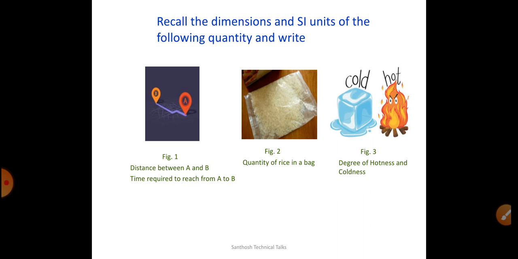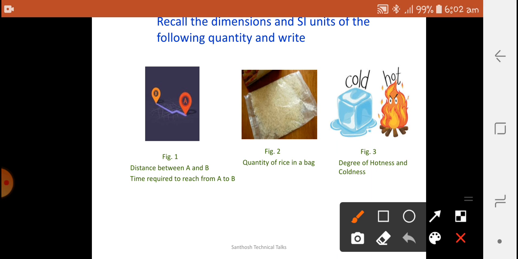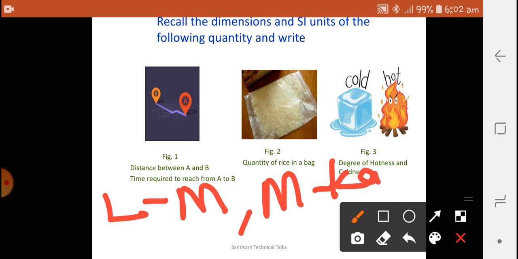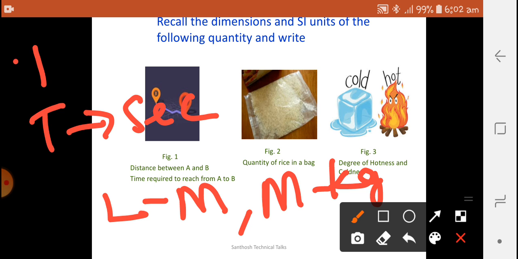So from these diagrams, we have to know length in meter, mass in kg, time in second, and temperature in degree Celsius or degree Kelvin.